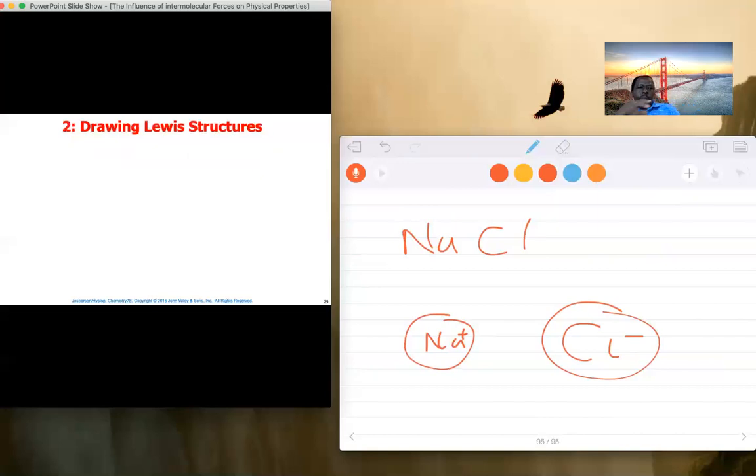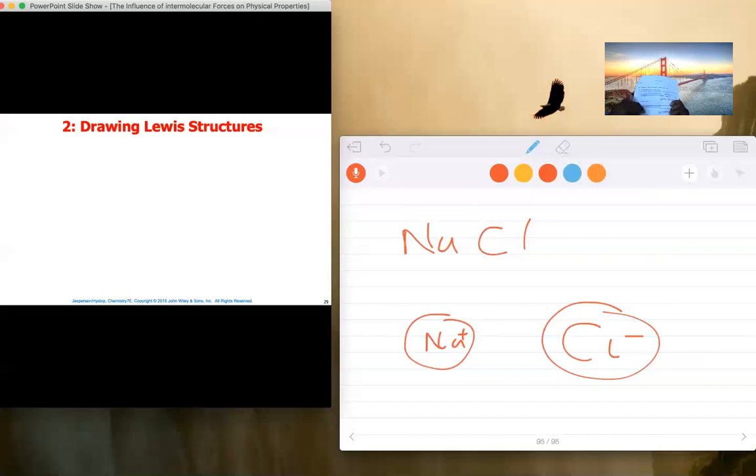This is what I was talking about, the second part of the experiment. You will be expected to draw the Lewis structures of the three substances. I don't know, you may not be able to see, but here I have the data sheet showing you how to draw the Lewis structure.